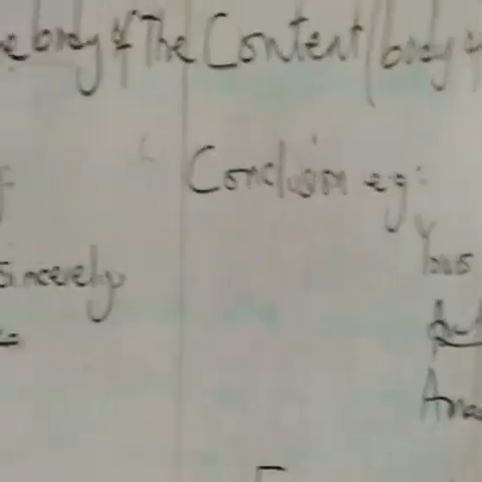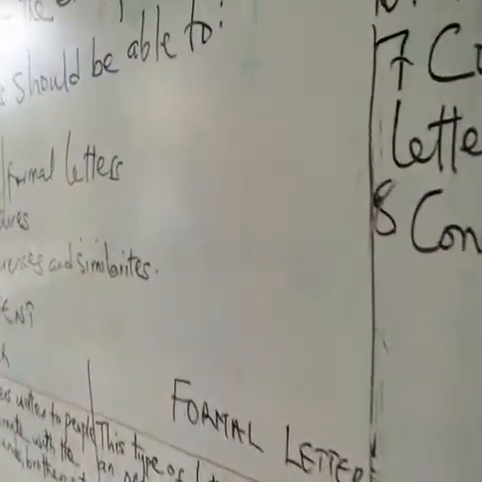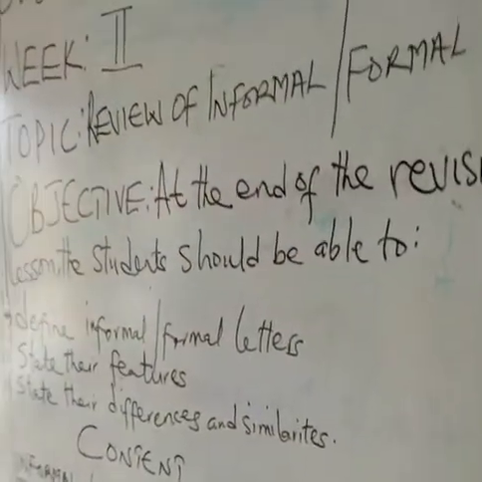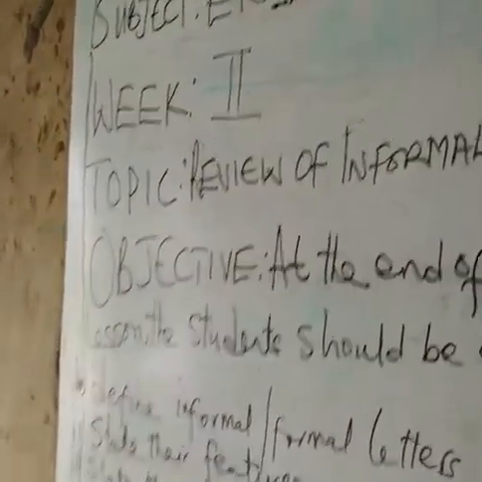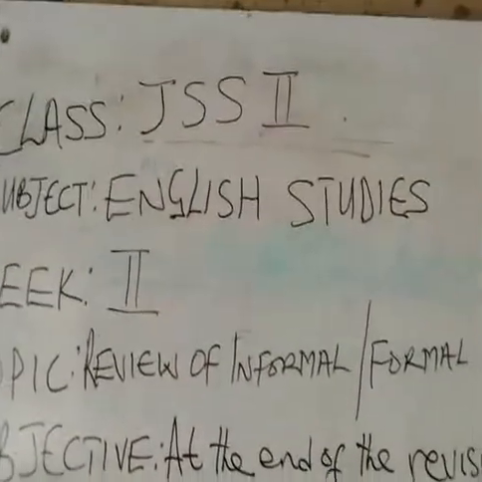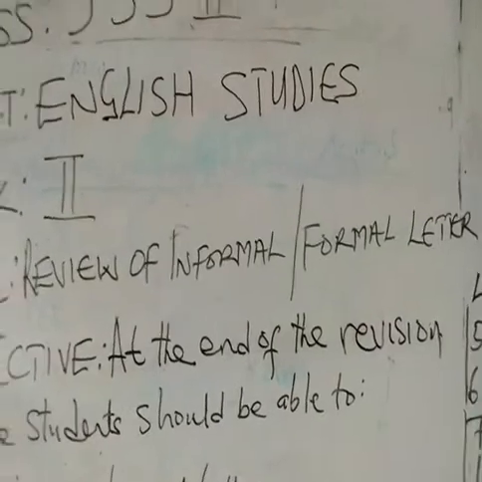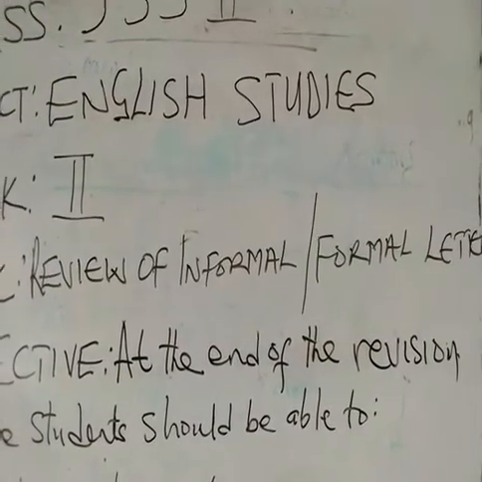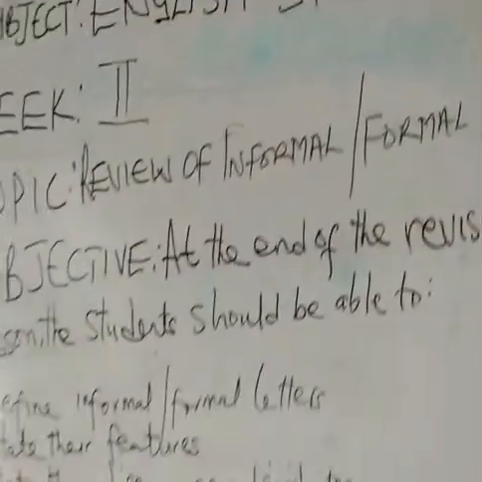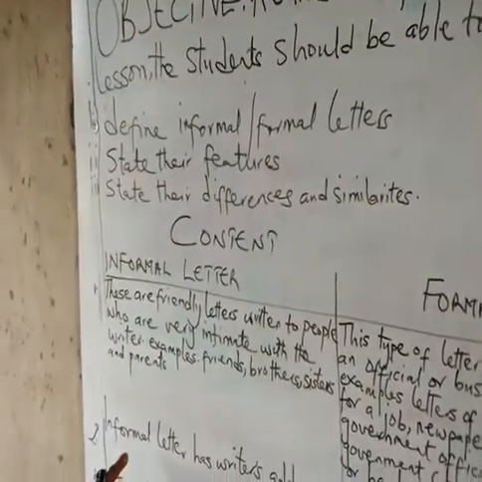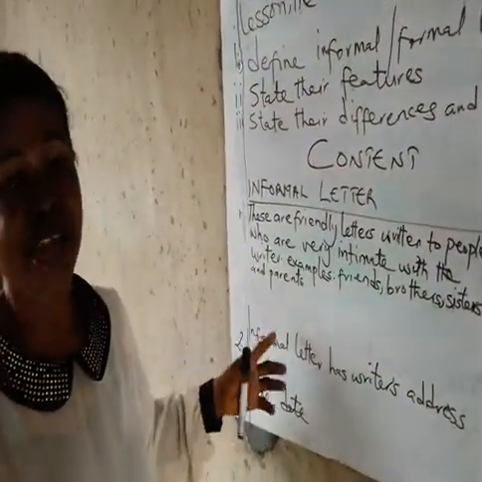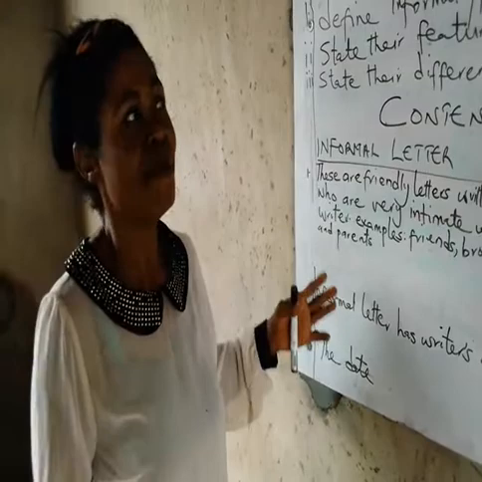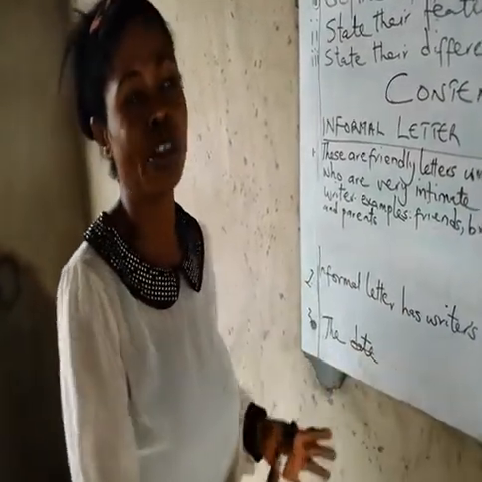Now let's look at this topic we have done for today. It's a very interesting topic. For external exam, you must come across informal letters or formal letters. I advise you, my student, that in the external exam, make sure you write informal letters, because informal letter will enable you to get a good mark, because you are very close to the person.